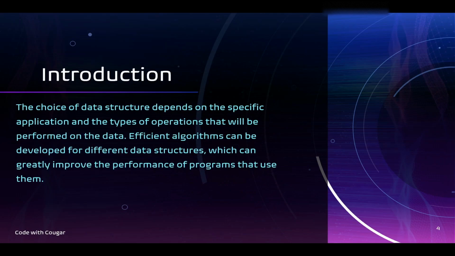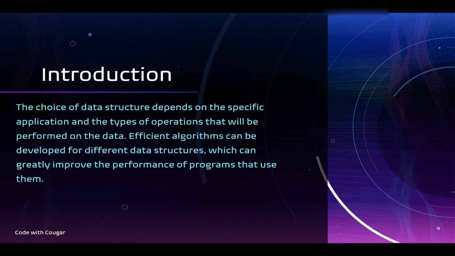So the choice of data structures, we saw different data structures briefly. The choice of each data structure depends on a specific application and the type of operation that we will be performing on the data. For example, if we perform accessing data very frequently, then an array might be a good choice for storing our data.